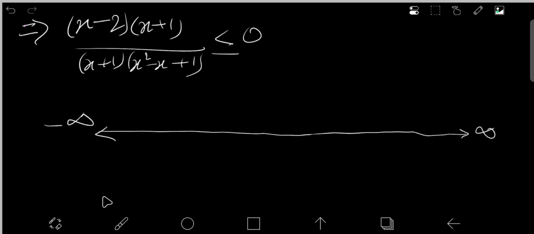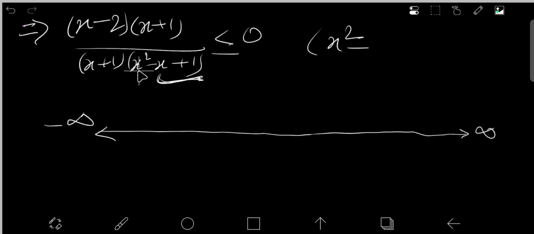This one always gives positive numbers. Here x square is plus and this one is minus.